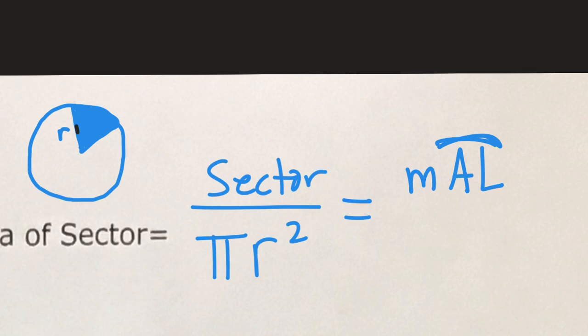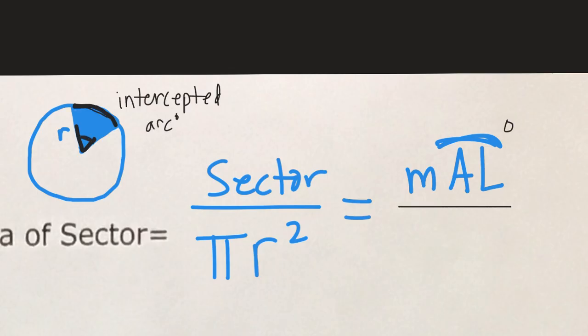The angle formed here is called a central angle, which is equal to the intercepted arc. So this is the measure of your intercepted arc over 360. Sector over pi r squared equals the arc measure over 360.